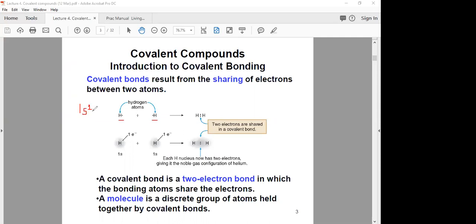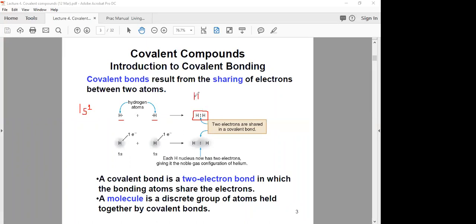Now you can see that this is not a completely filled shell or subshell. So what hydrogen tends to do very readily is to form a covalent bond with another hydrogen atom. And we can see that here. The 2 hydrogens have come together and each one is contributing an electron to this bond that's formed in between them.